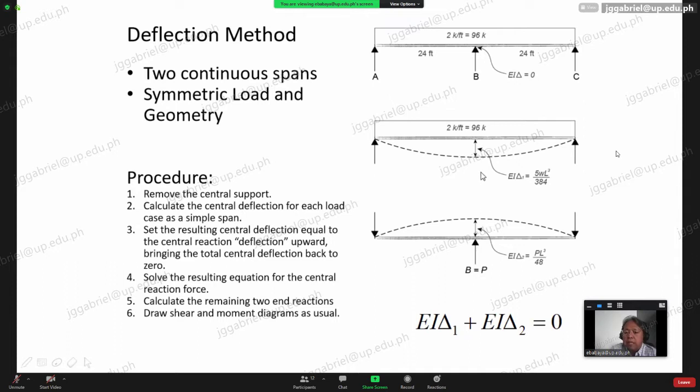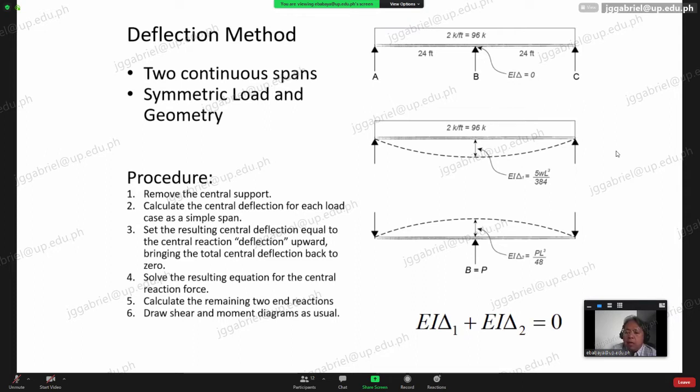And since this is a concentrated load, the equation of the deflection is PL cubed over 48. So this formula is also predetermined. Later on I will also show how these formulas were determined. How were they determined?